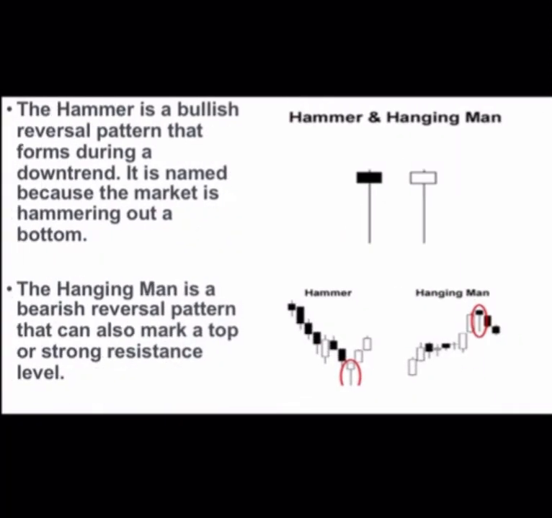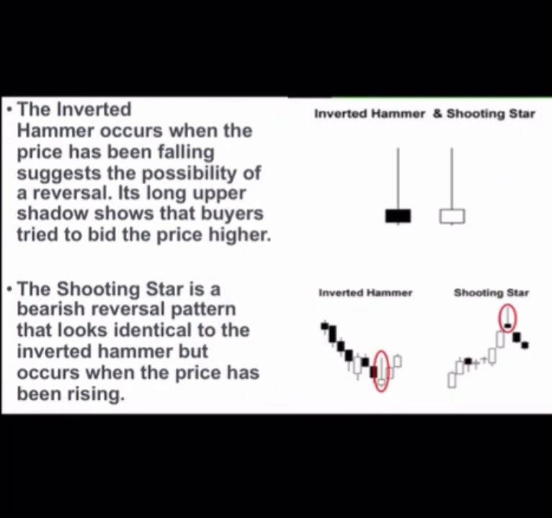Okay, I'm just trying to refresh your head. When you see an inverted hammer after the price has been falling, it suggests the possibility of a reversal. Its long upper shadow shows that buyers try to push the price higher. So when you see an inverted hammer in a downtrend, it means the market is about to change direction and go up, and buyers are about to take over the market.